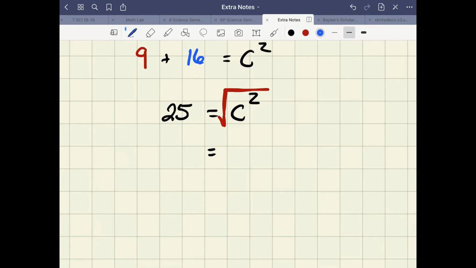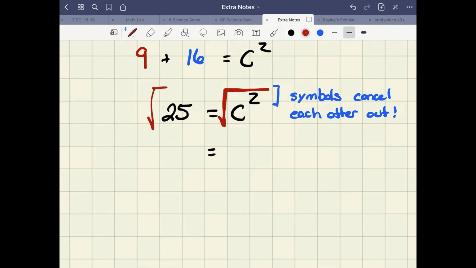It's a beautiful thing. That's a huge idea here. So what we're going to do is take the square root of the other side. That's because the golden rule of mathematics states that what I do to one side, I must do to the other.